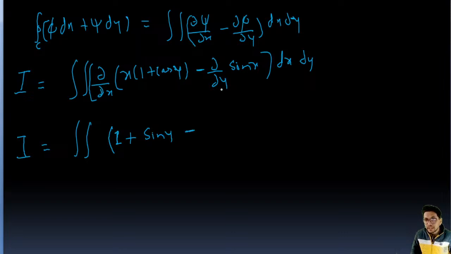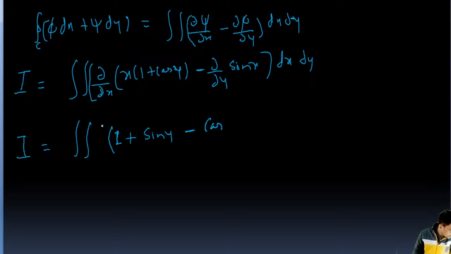So minus, this is going to be sine y is cos y, x plus sine y, cos y. Let me just check, guys. I think there is some issue in the question.